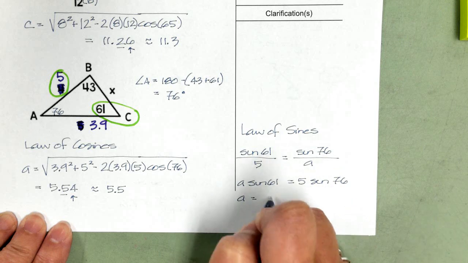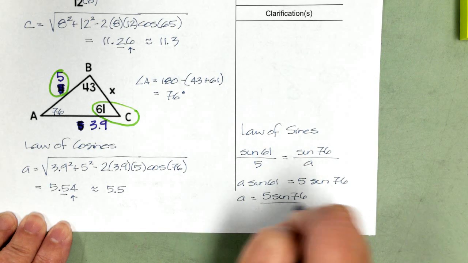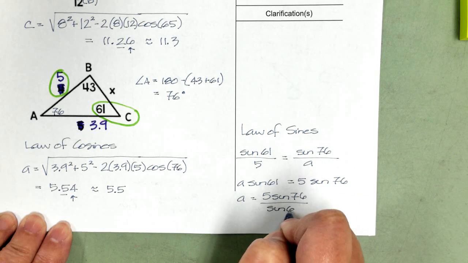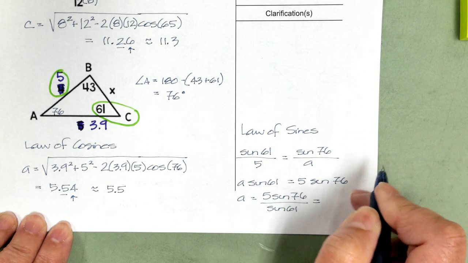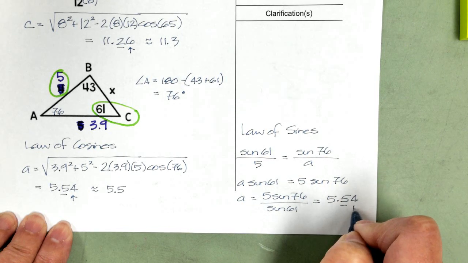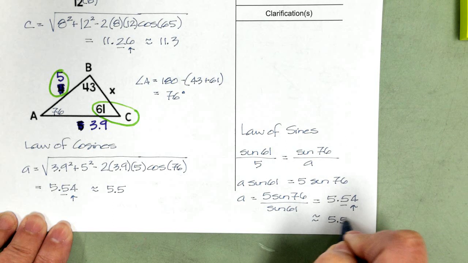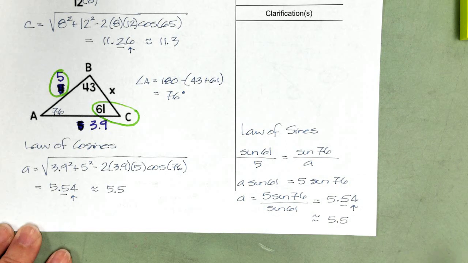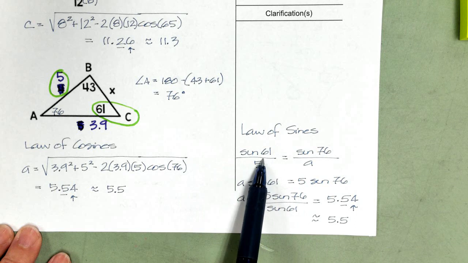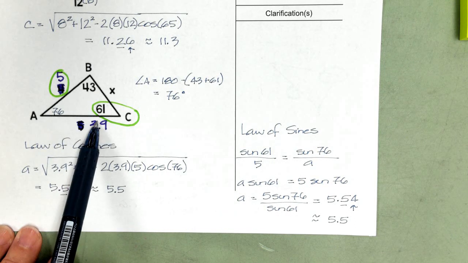We divide by sine of 61. And we get 5.54, which rounds to 5.5. So again, you had two options in this problem here because you had a full ratio. You actually had two full ratios.